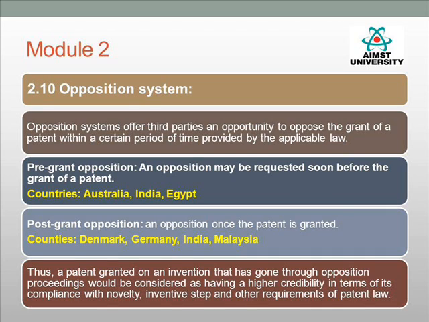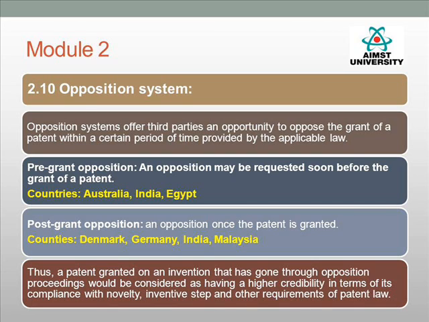An opposition may be requested soon before the grant of a patent, pre-grant opposition, in countries such as Australia, India, Egypt. Or after the grant of a patent, post-grant opposition, in some countries like Denmark, Germany, India, Malaysia.